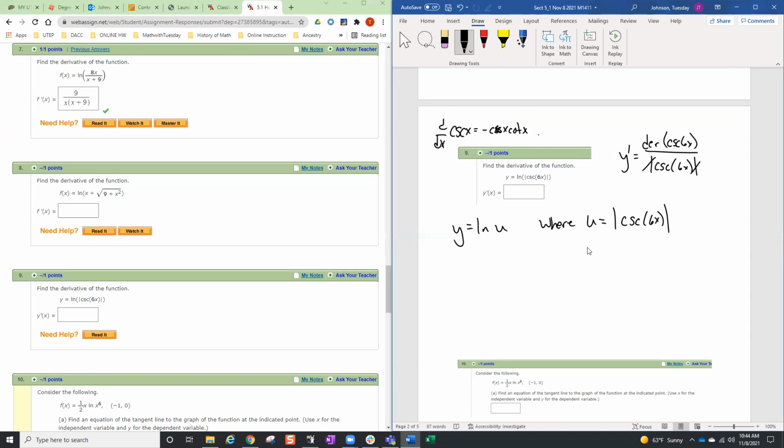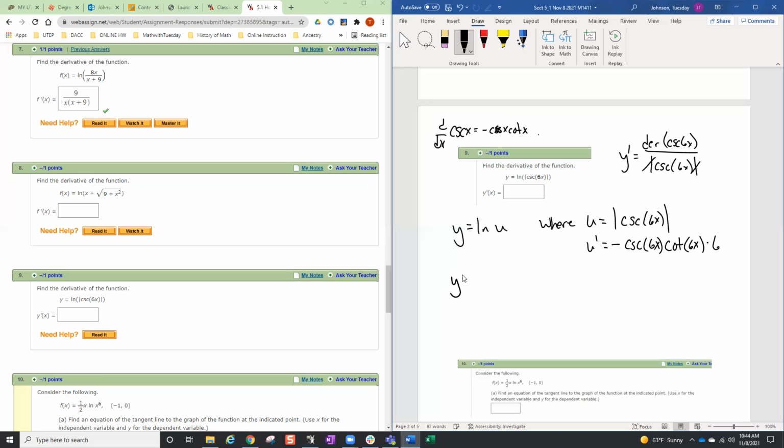Okay, so our derivative is the derivative of the outside. The derivative of cosecant is minus cosecant cotangent. Leave the inside alone. And then multiply by the derivative of the inside, right? Because we've got some double chain rule going on here. The cosecant is inside the logarithm. The 6x is inside the cosecant.